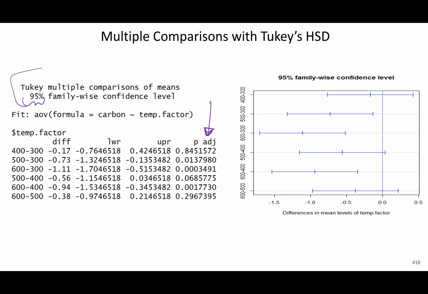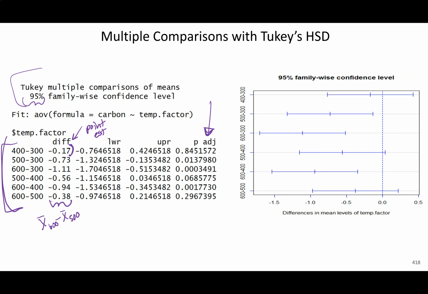So here, this is saying, hey, the difference between, okay, I guess they did 400 minus 300, 500 minus 300, 600 minus 300, and so on. There should be 6 pairs. So for their diff, this is my point estimate. So this number here is x bar 600 minus x bar 500.